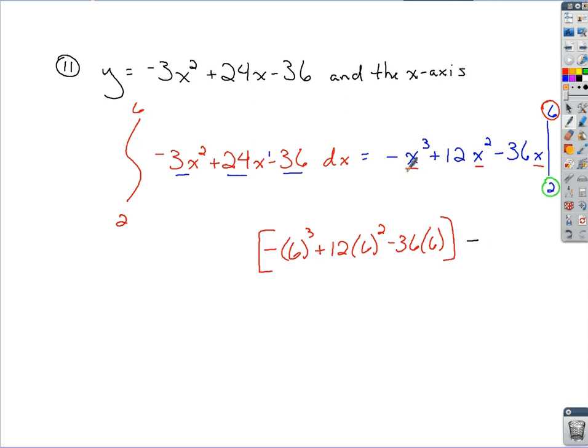We take this 2 and plug it in for every x. So we have negative 2 cubed plus 12 times 2 squared minus 36 times 2. You calculate each part and find that difference. Turns out that the exact area is exactly 32.